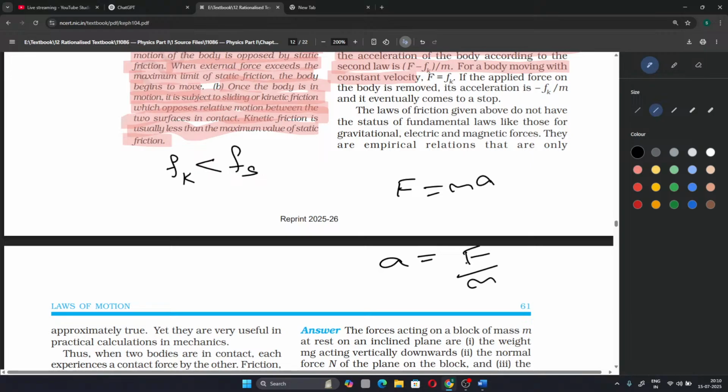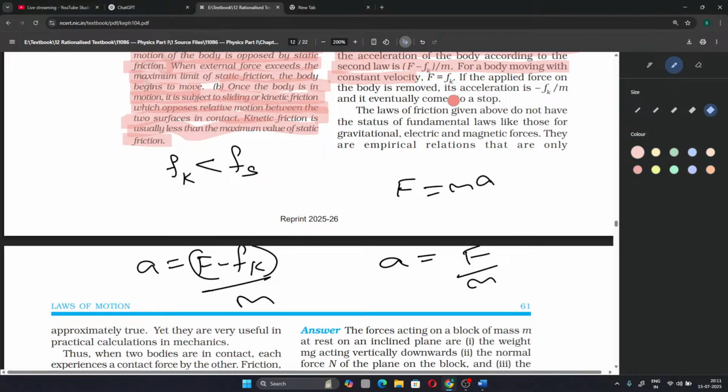In case of a rough surface where friction is involved, the acceleration of the body will be equal to (F minus Fk) by m. This is in case of motion, when the body is in motion. The net force acting on the body is F minus the kinetic friction, divided by the mass of the body.